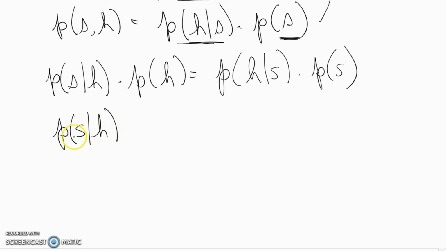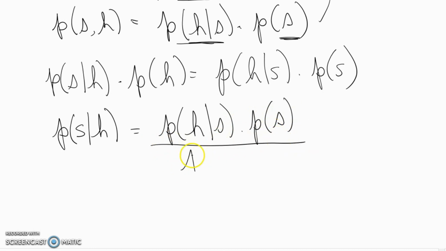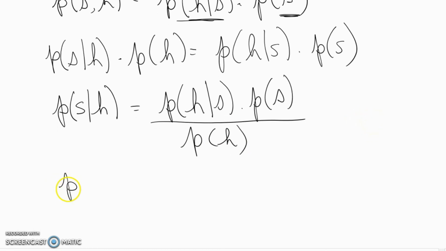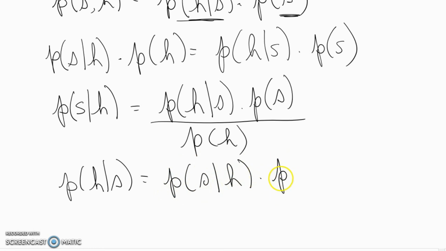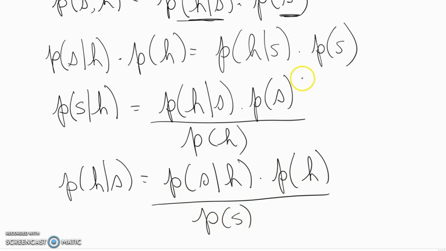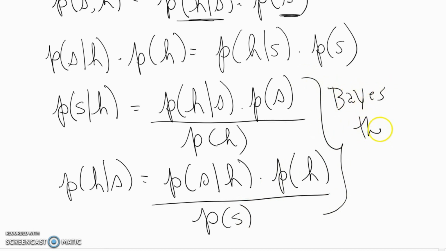We can say that the conditional probability of S given H is equal to the conditional probability of H given S times the marginal probability of S divided by the probability of H. Or an alternative way to think about this is that the probability of H given S is going to be equal to the probability of S given H times the probability of H divided by the probability of S. And this is Bayes' theorem, which is the foundation of this workshop.